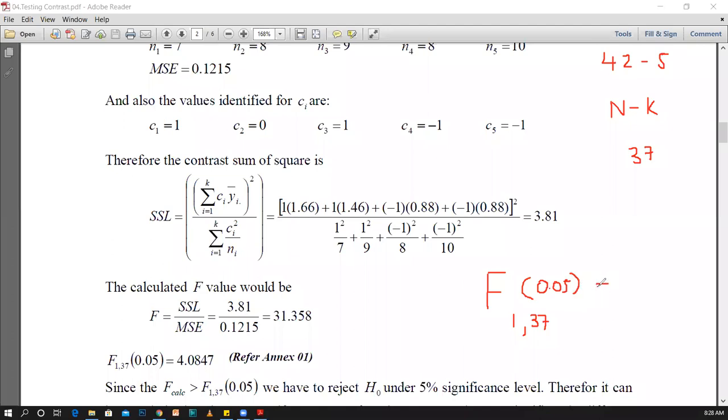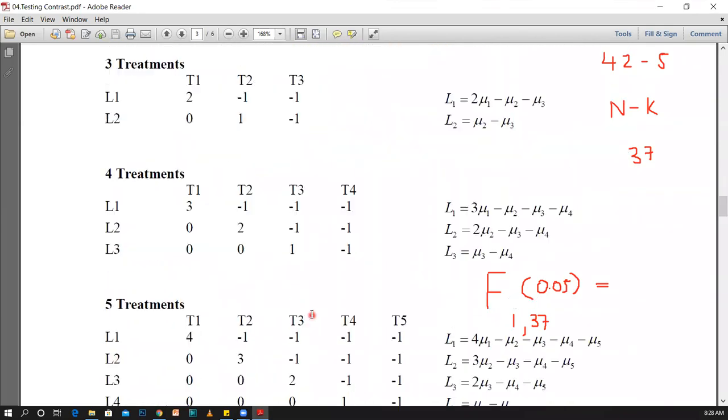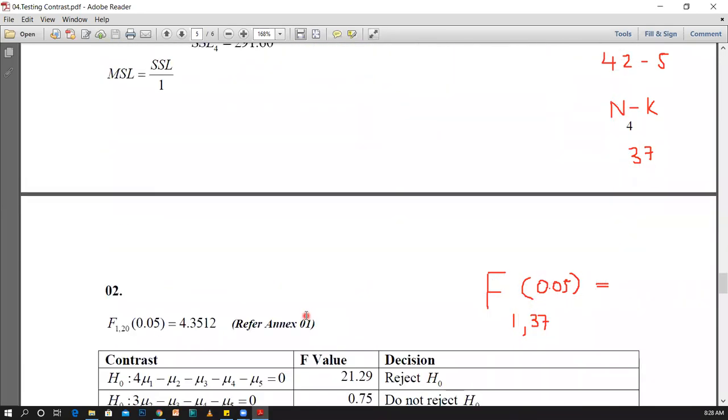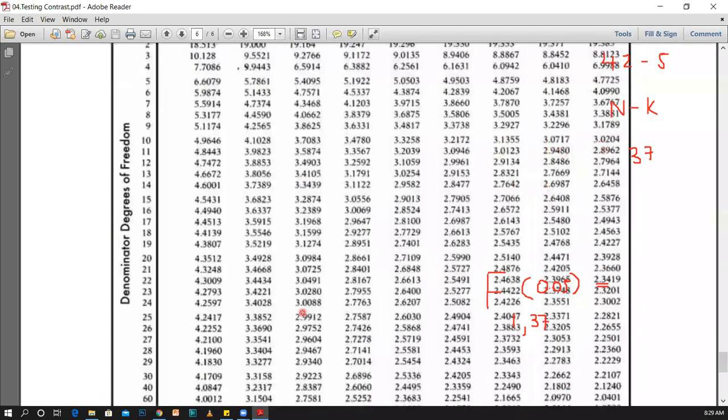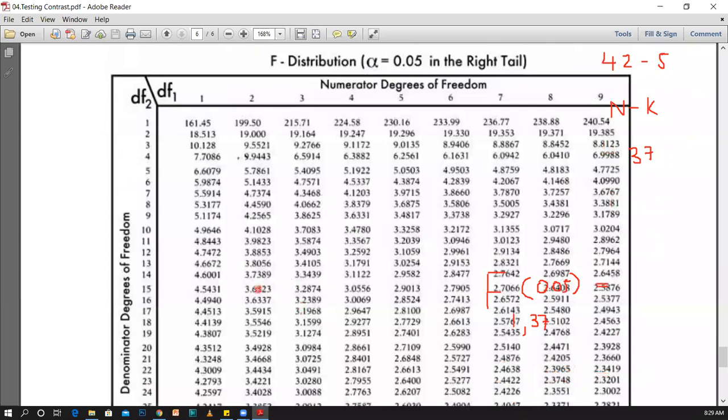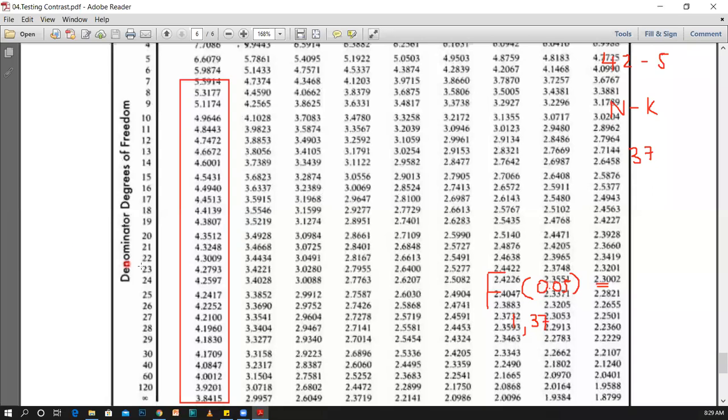Once you refer to the F table, which I have included in annexure 1, first of all, we have to identify the numerator degrees of freedom, and the appropriate denominator degrees of freedom should be 37.